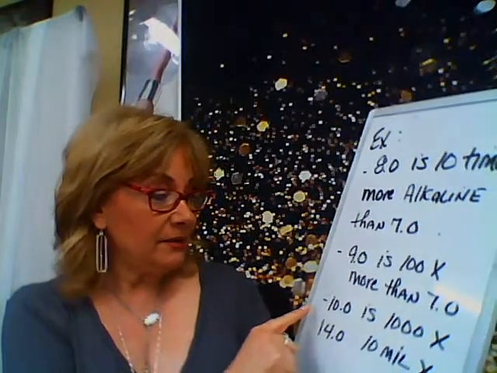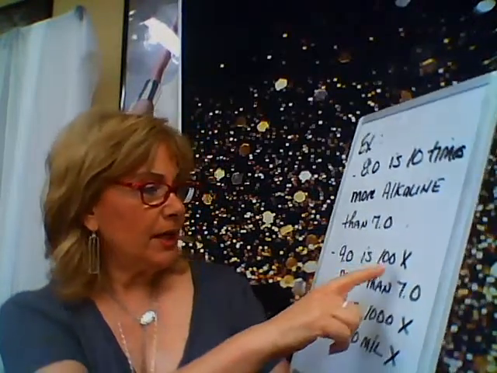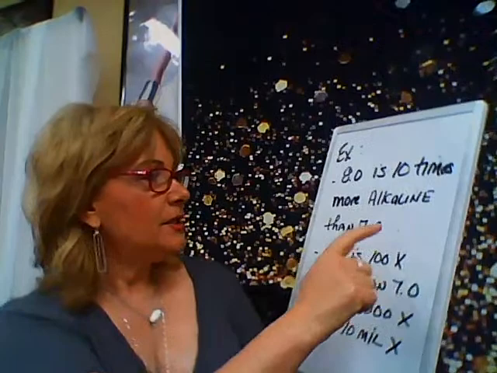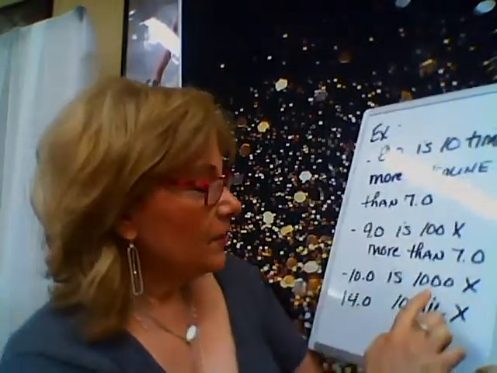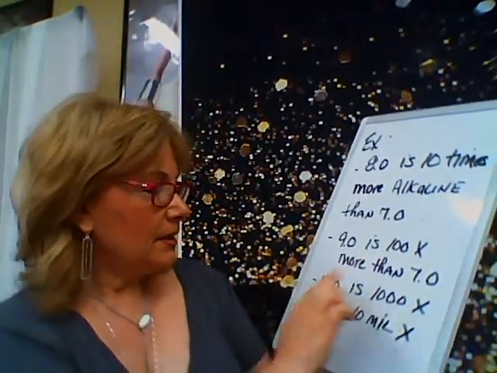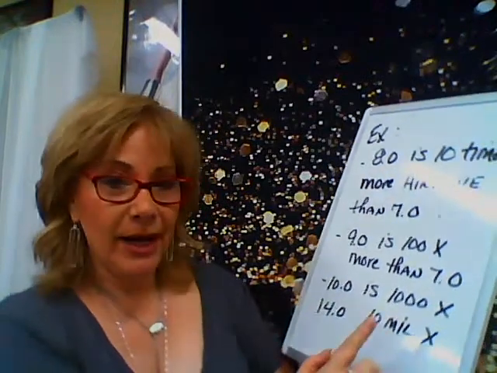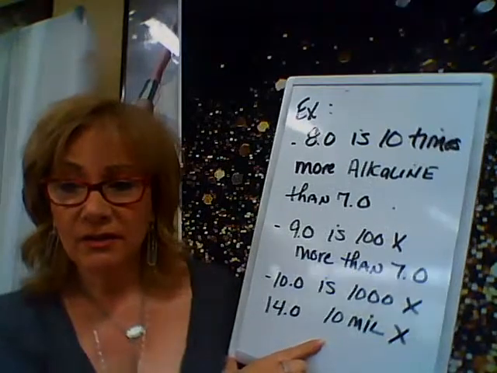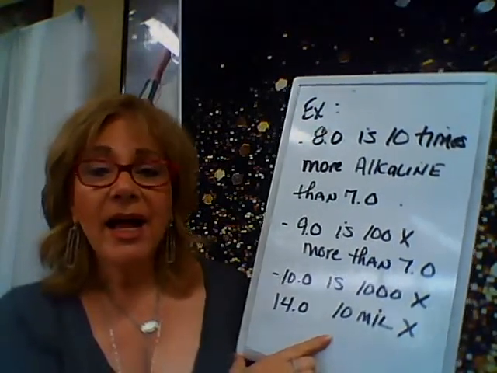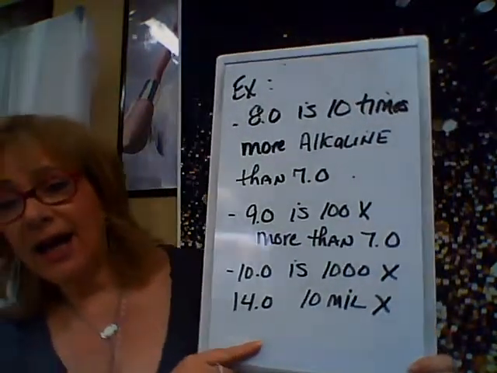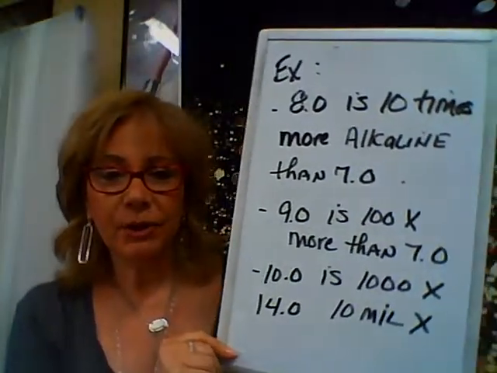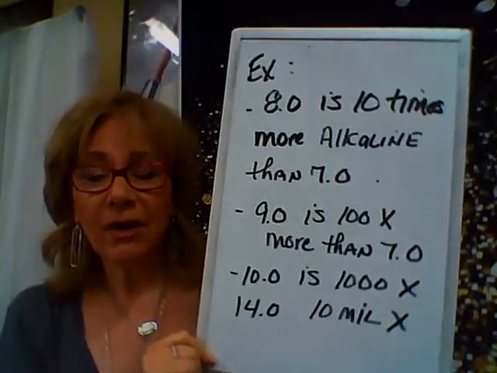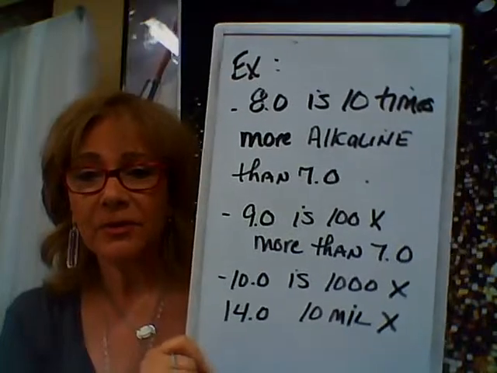So 11, so it goes 1,000. I skipped a few, and that's why I panicked myself. So at 14, you're dealing with 10 million. Okay, I never even understood that. That just blew my mind. So that tells you how caustic and strong some chemicals are.